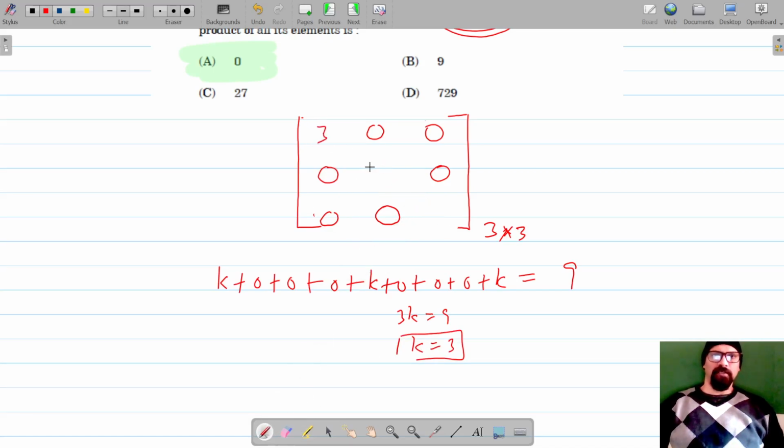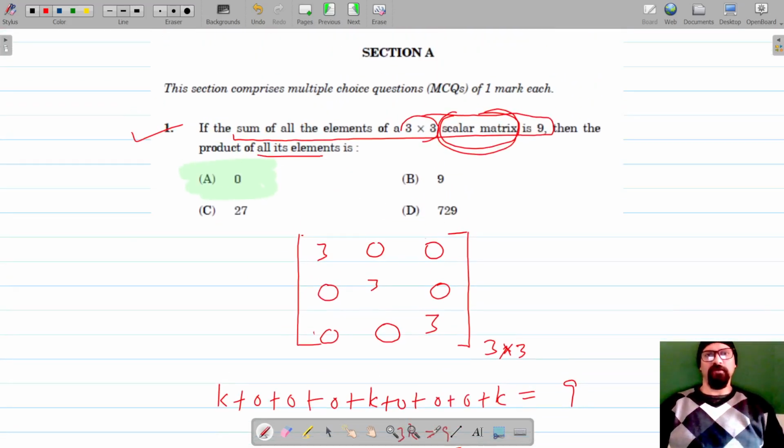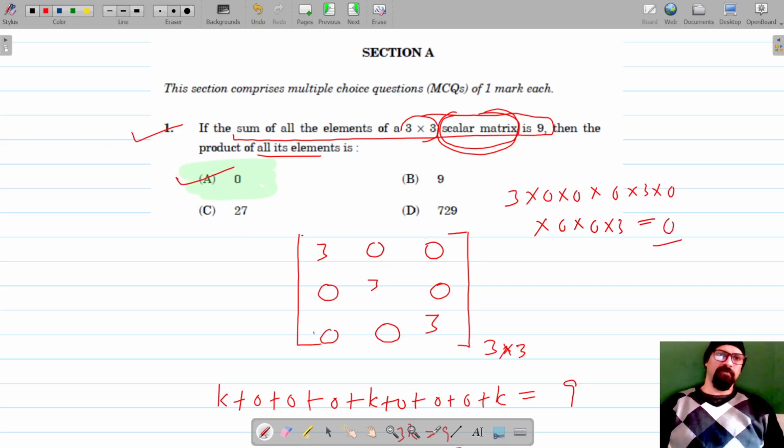So k is 3, but we have to find the product of all its elements. So that will be 3 into 0 into 0 into 3 into 0 into 0 into 0 into 3, which is equal to 0. So 0 is the correct answer.